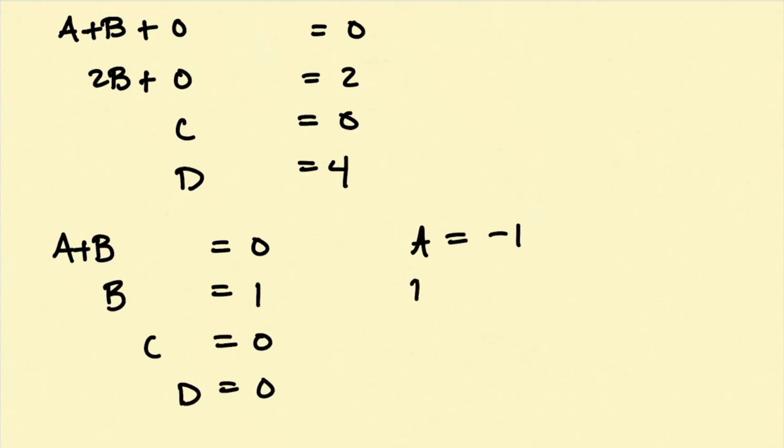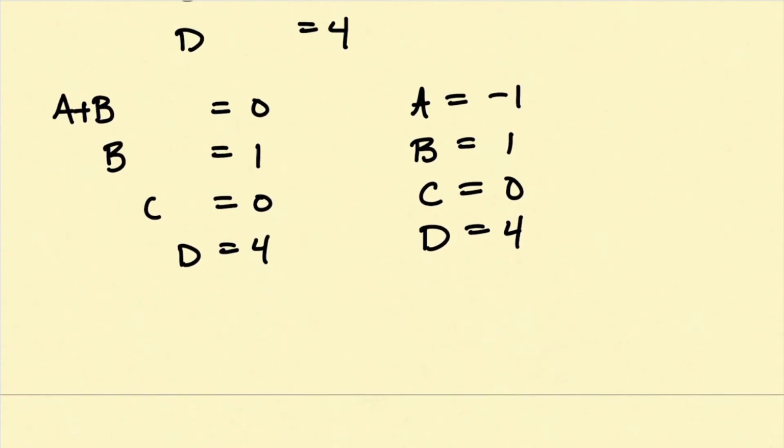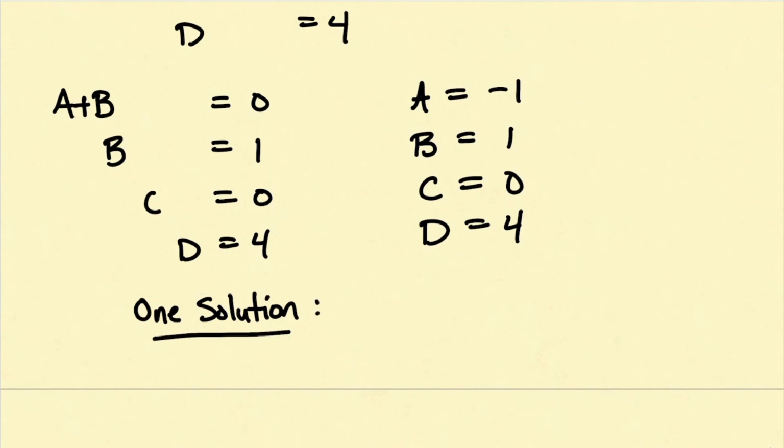Finally, all I have to do is subtract the second equation from the first, and I'm left with the decoupled system, which tells us that our system of 4 equations in 4 unknowns only has one solution, and that solution is the quadruple (-1, 1, 0, 4).